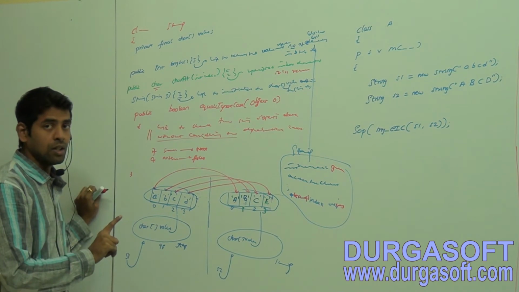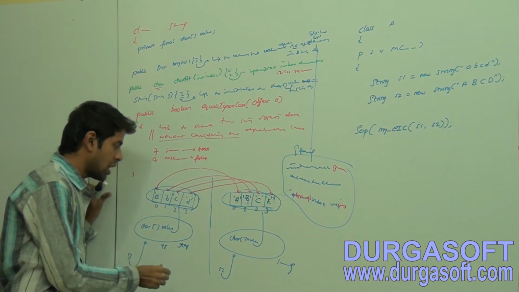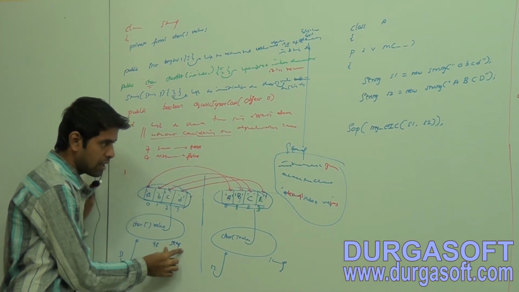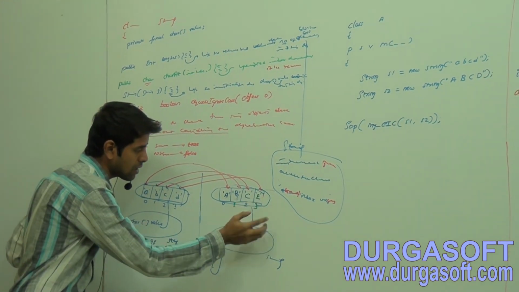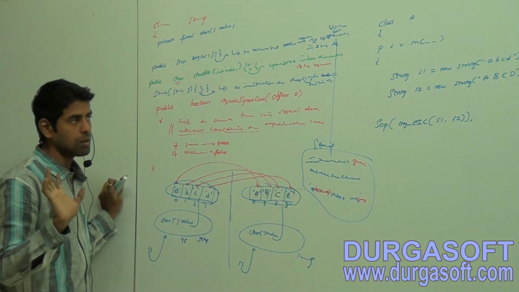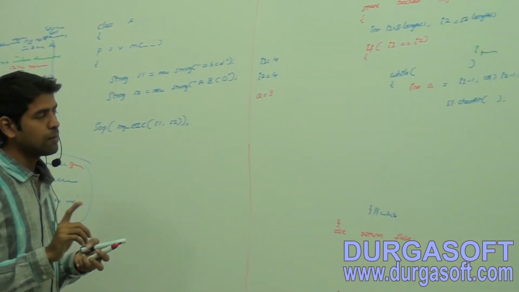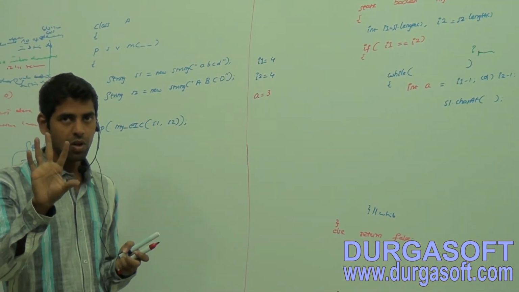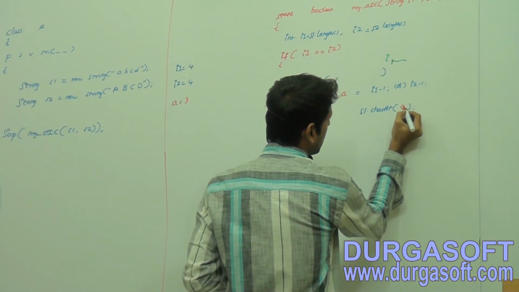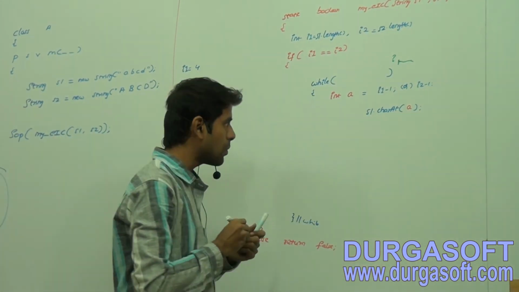Now I can guide the JVM to take this index character of this object and this index character of this object and perform checking. How to take that? Here we are having one small trick. Put here a. If I put a here, what does it represent?